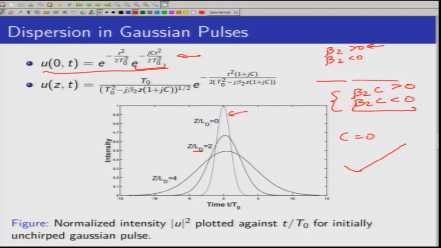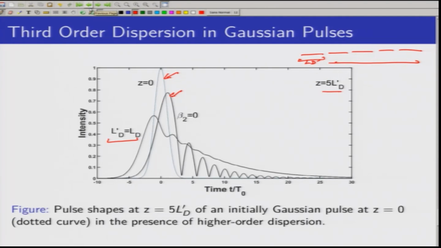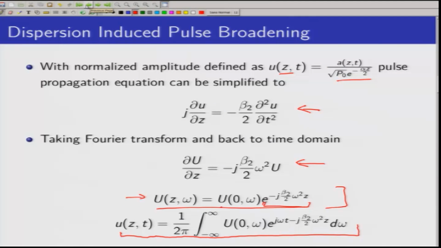So, to summarize, we had a pulse that was about to propagate in an optical fiber. The first step was to model how it will propagate. We added the effects of second order dispersion to the pulse propagation equation, and then we saw that there is a possible analytical solution, but it would be really difficult if we are not able to calculate the Fourier transform of our incident pulses.